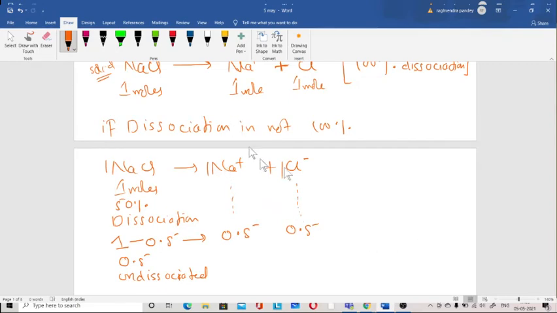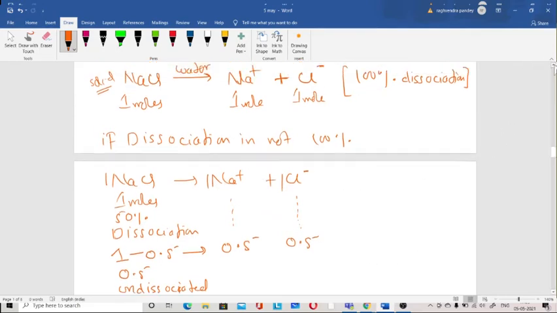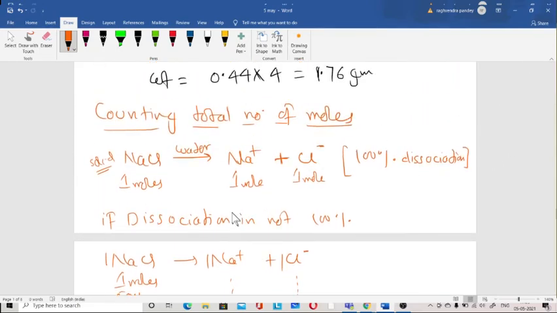Now these are the two conditions. Coming back to the first condition, what are the total ions? How to count the total moles? You have to count each and everything in the mixture.